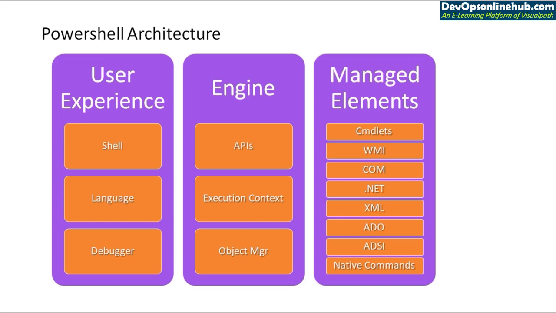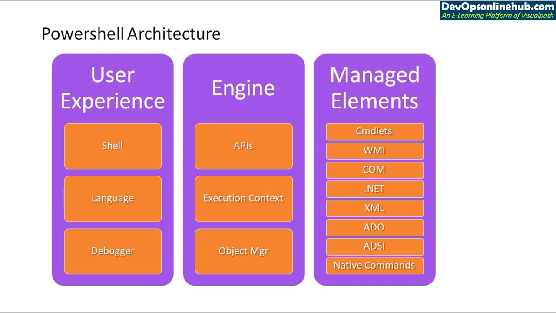A user can use PowerShell logic in a .NET DLL and execute the PowerShell file from there, or a debugger, maybe a utility, or maybe a Windows exe file. So a user experience is nothing but the place where a user is executing the PowerShell file. Okay, and when a user executes a PowerShell file, where will it go? It will go to the engine, which is our second component.